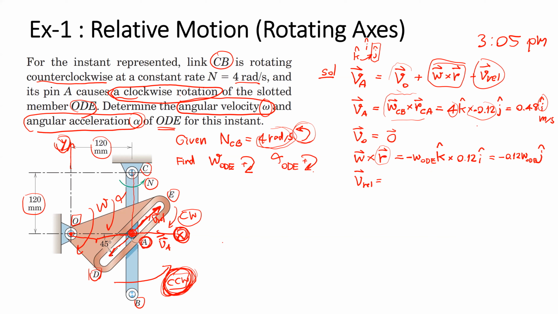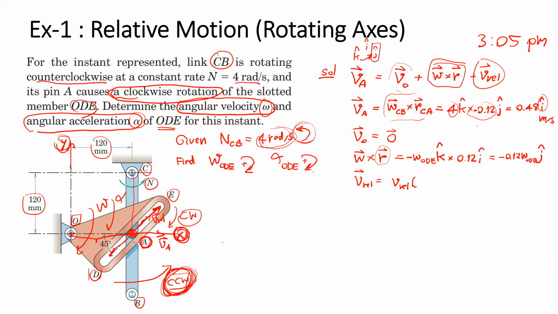But by the geometry of the slot, and we attach the frame X and Y on the part ODE, we can form the relative velocity vector in terms of the magnitude multiplied by the direction of the slot.